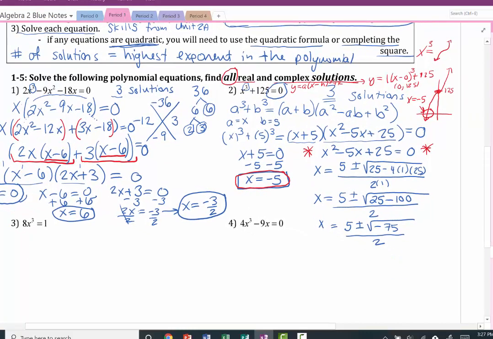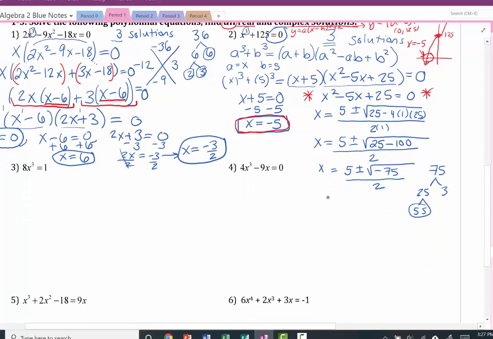And I can simplify the square root of 75 a little bit because it's got a factor of 25, right? 25 times 3, and 25 is a perfect square. But also, I need to be aware that whenever I have a -1 under the radical sign, that is an imaginary number.